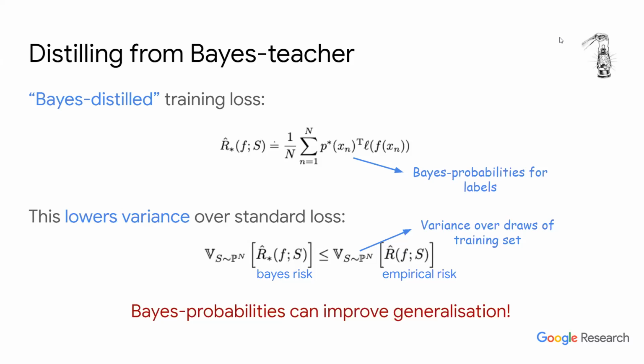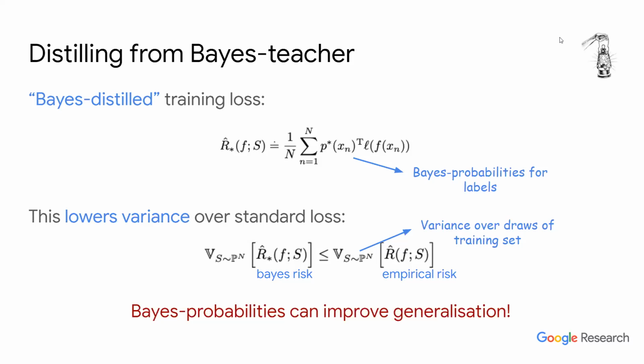Basically, the variance of the Bayes risk is always smaller than the variance of the empirical risk, which means that if we are minimizing the Bayes risk, the variance of our training loss, or the model itself, will be lower. So we can actually achieve a more accurate model in the end, right? That is basically why we would want to use the Bayes risk. Of course, we don't have the Bayes risk yet, but we want to use it instead of the empirical risk, which is the standard loss.